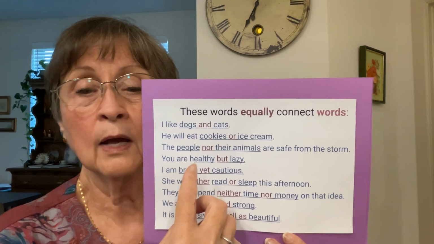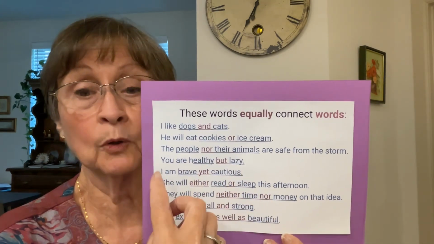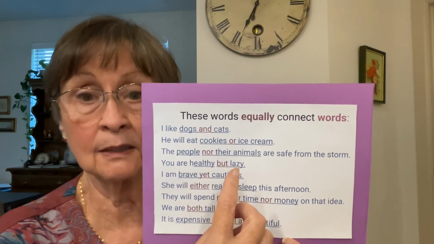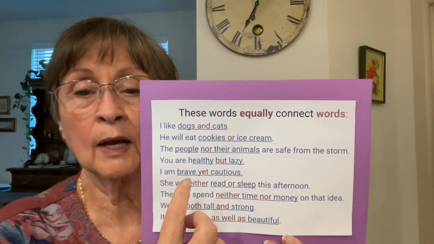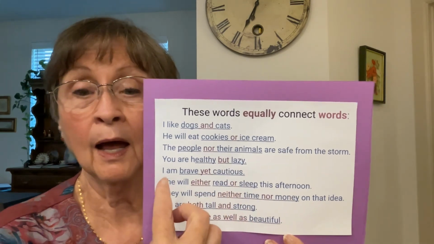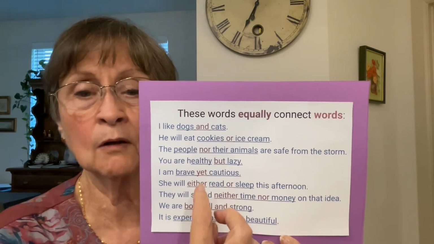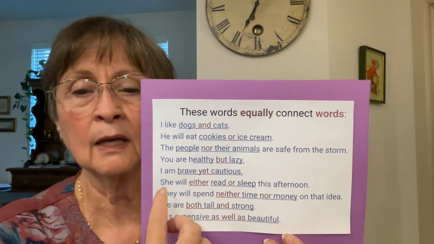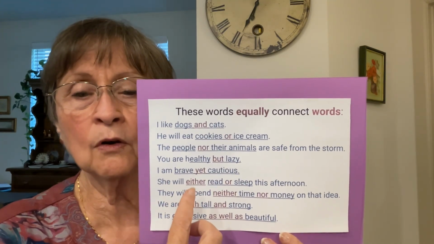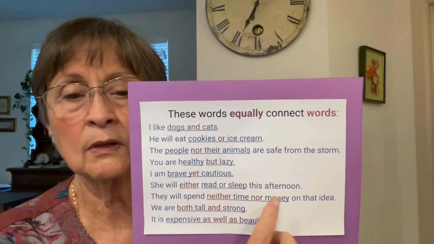You are healthy but lazy. You are healthy, you are lazy. I am brave yet cautious. It means I'm being careful. I am brave yet cautious. Yet and but mean almost exactly the same thing. She will either read or sleep this afternoon.